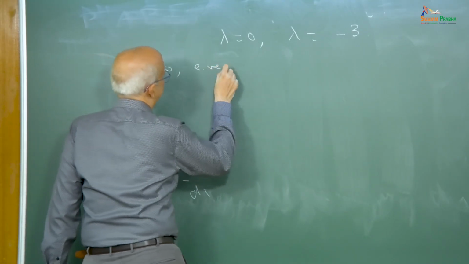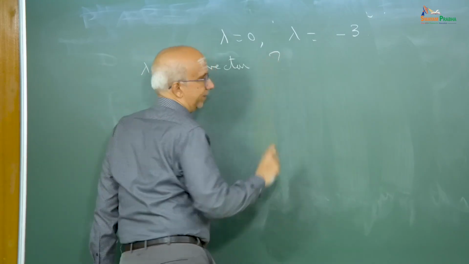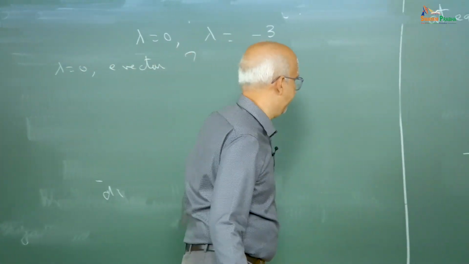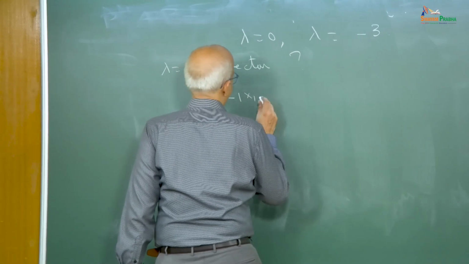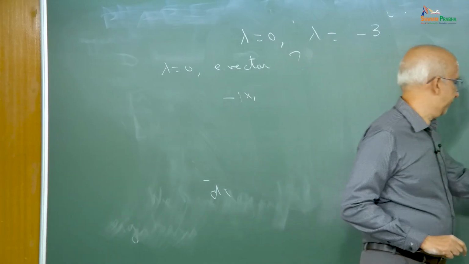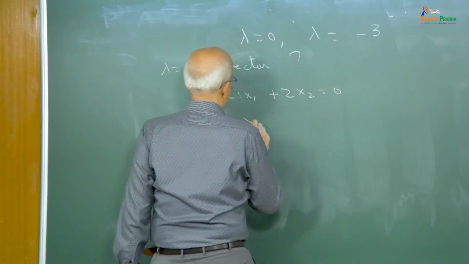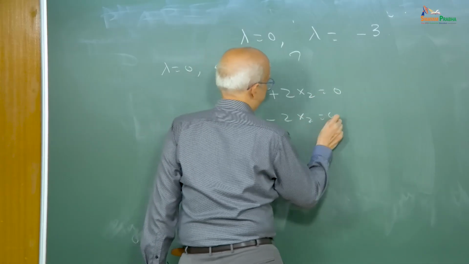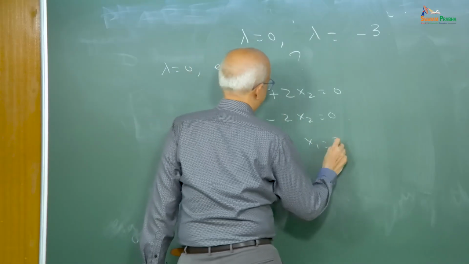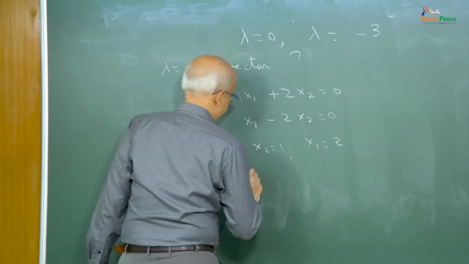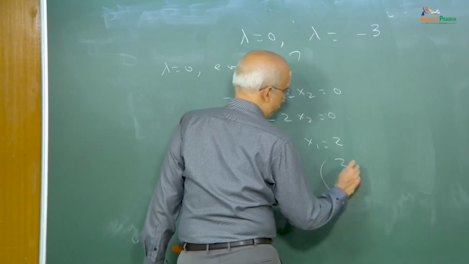We get minus x1 plus 2x2 equals 0, or x1 minus 2x2 equal to 0. So, I am going to put x2 equal to 1, x1 equals 2, and so my eigenvector is of the form 2, 1.